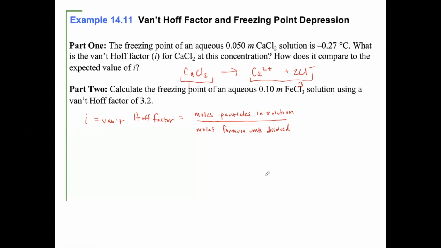So if we're talking about calcium chloride, i would be 3, right? Because we've got 3 ions over one formula unit. So our van 't Hoff factor is 3.